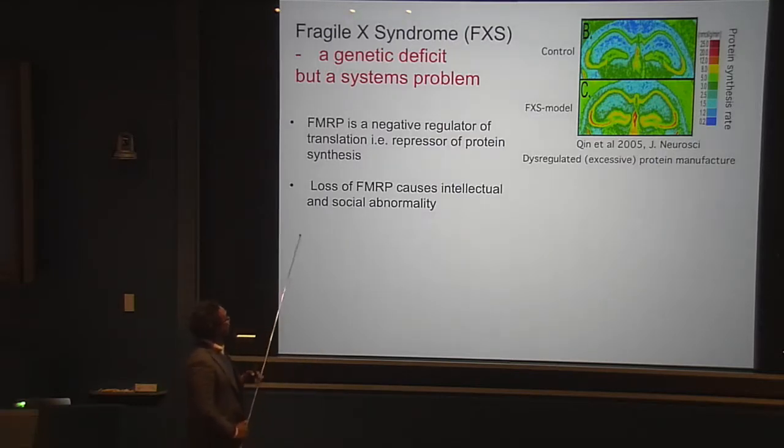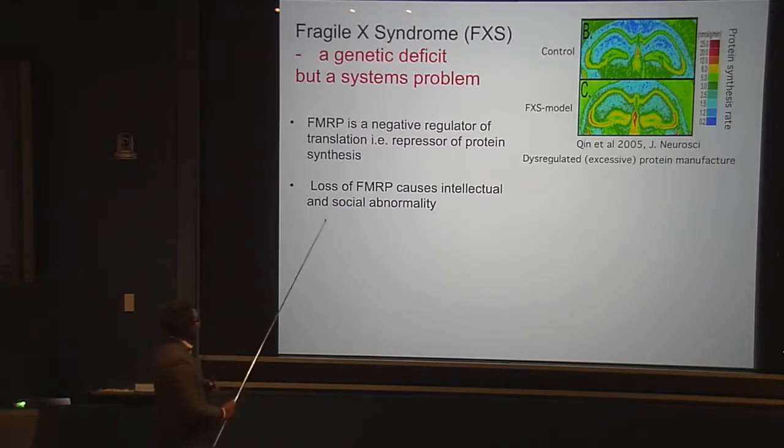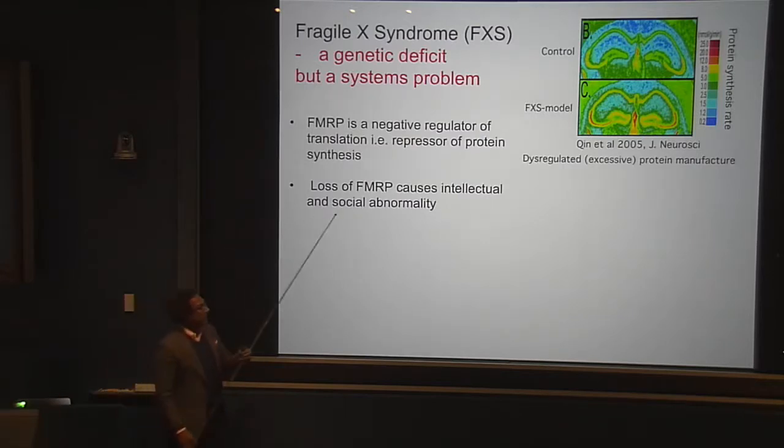And in particular, this regulation seems to occur near synapses in the dendrites of neurons. That will be important in a moment. And we know that the loss of the protein causes the intellectual abnormalities and the social abnormalities that you can recognize in ASD.